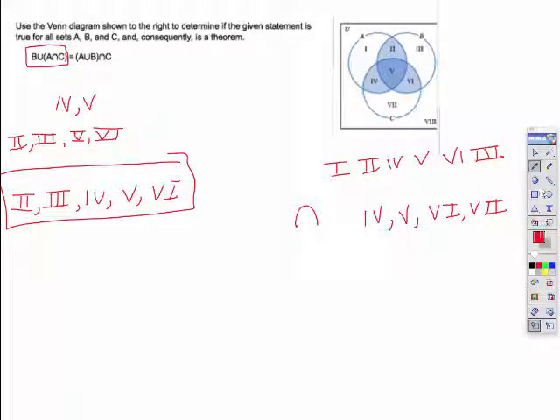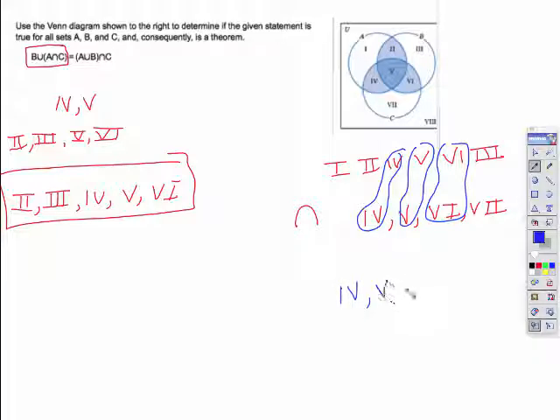Intersect means what's in common. So I have a 4, I have a 5, I have a 6, and that's all I have. So are these two sets equal? No, they are not.